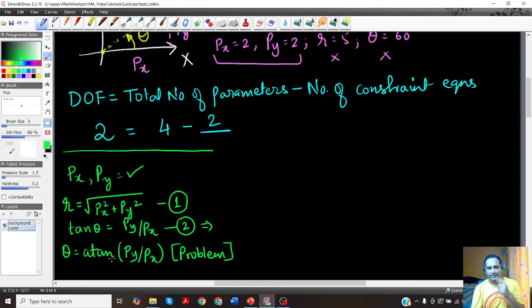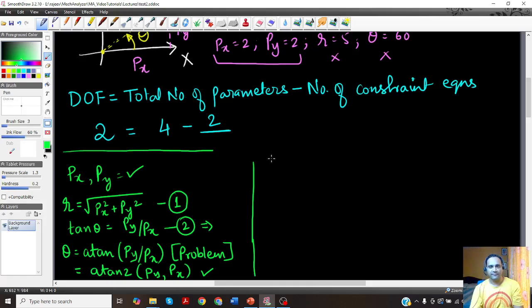So with tan inverse, you will not be able to know whether it is in the first quadrant or third quadrant. Similarly, if one of them is negative, we don't know whether it is in the second quadrant or fourth quadrant. So that's why in most of the programming languages we'll have this form called atan2, where we send both py and px as two parameters, and accordingly the angle is determined. Correct quadrant it will be known.